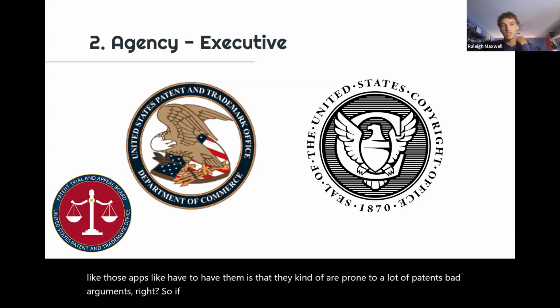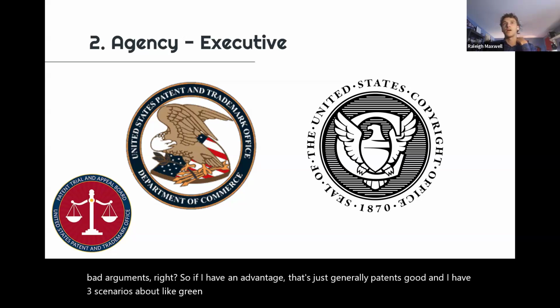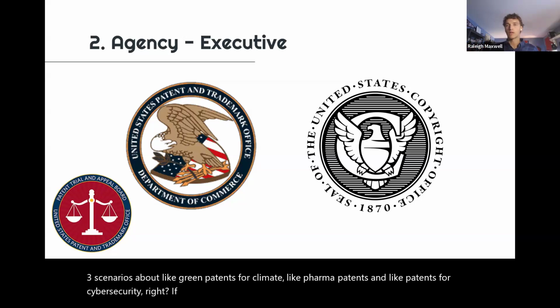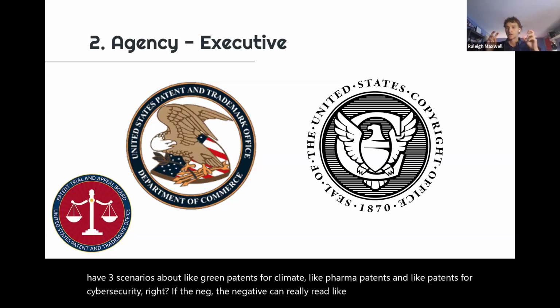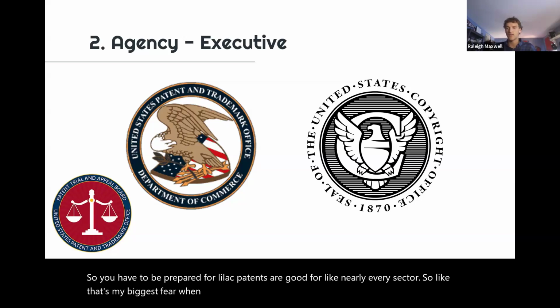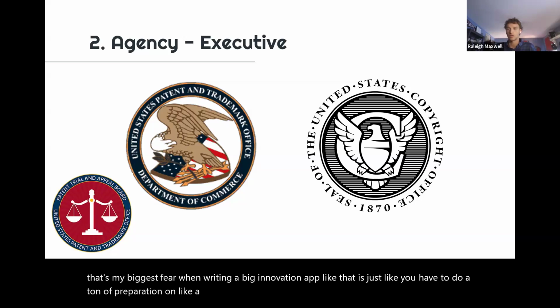If I have an advantage that's just generally patents good, and I have three scenarios about green patents for climate, pharma patents, and patents for cybersecurity, the neg can read any impact turn of why patents are bad. So you have to be prepared for why patents are good for nearly every sector. That's my biggest fear when writing a big innovation affirmative like that. You have to do a ton of preparation on a ton of different reasons why patents are good for every sector.